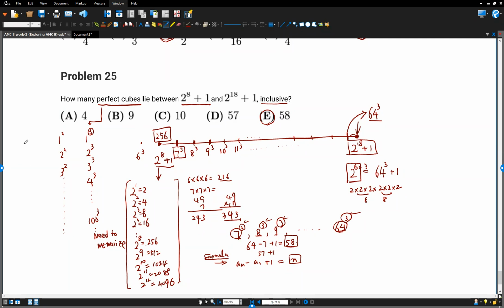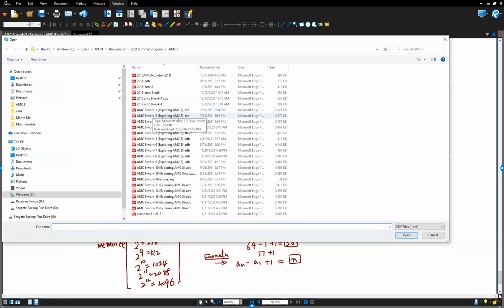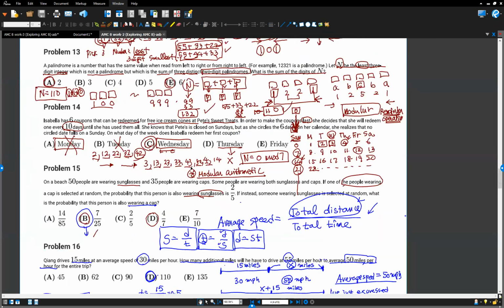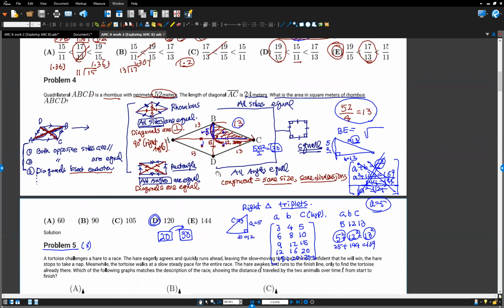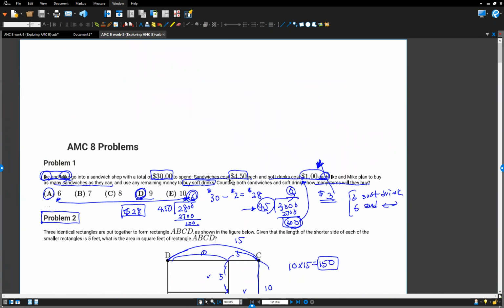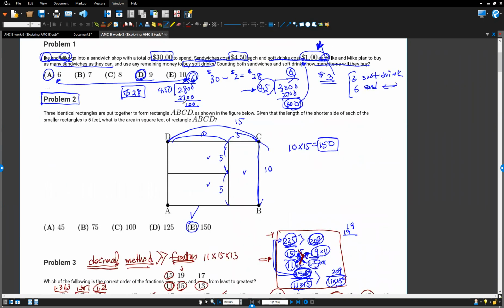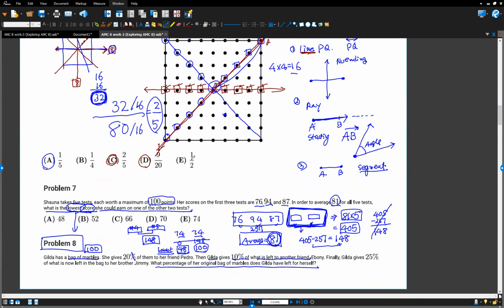All right, now I'm going to probe 2019, AMC 8. This is 2019, last year. In the second class we did this a lot.